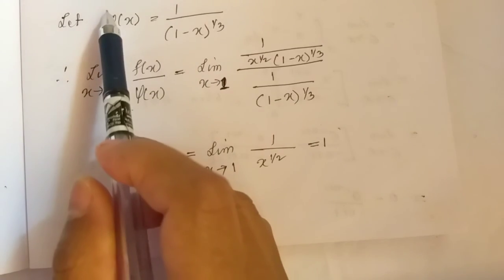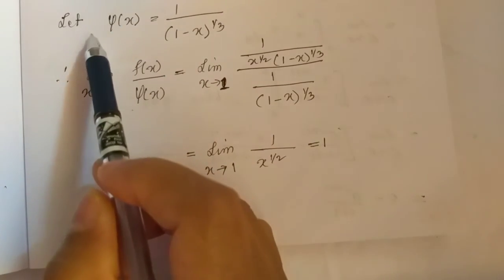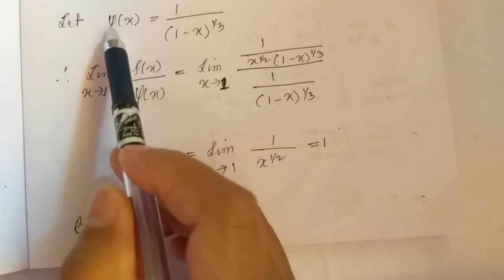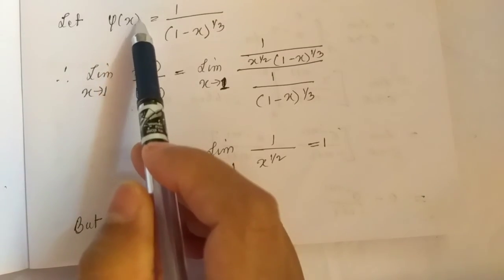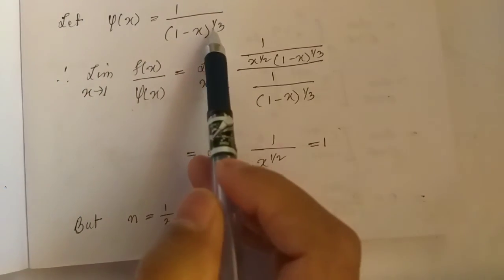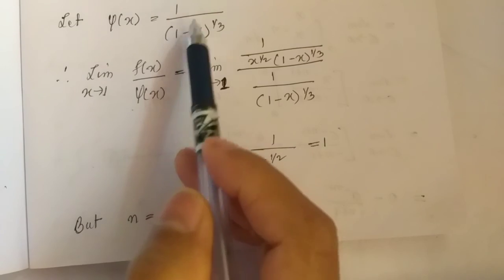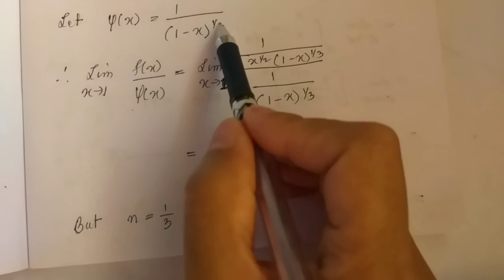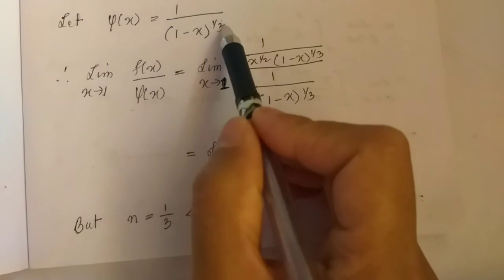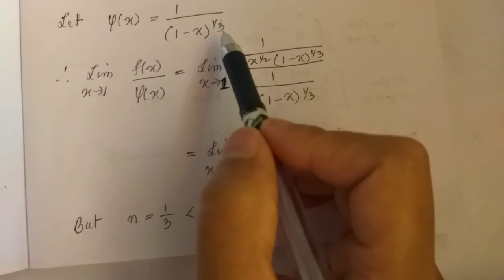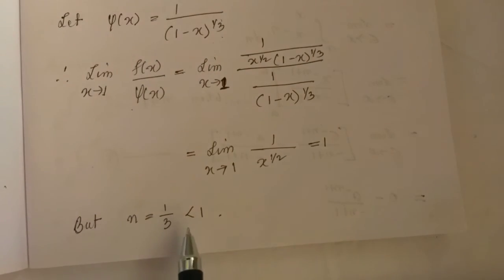Now the integration of half to 1 of psi of x dx, of this integrand, we have here n equal to 1 by 3, which is less than 1.